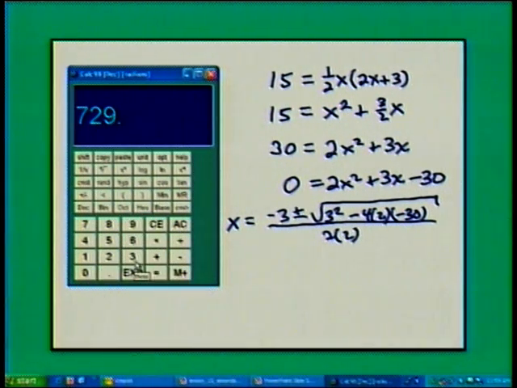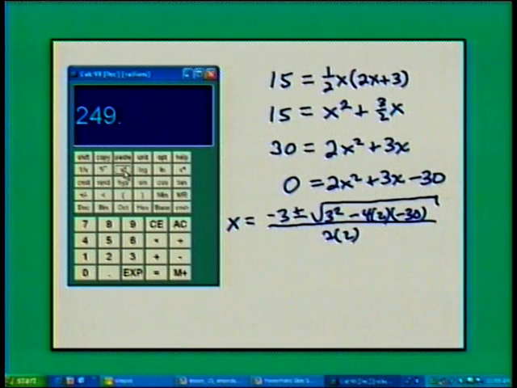So the radicand, the expression under the radical, is 3 squared minus 4 times 2 times negative 30. Change the sign. All that equals 249. Is that a perfect square? No, it's not. So I want to leave it under the radical until my final calculation so that I get exact values.